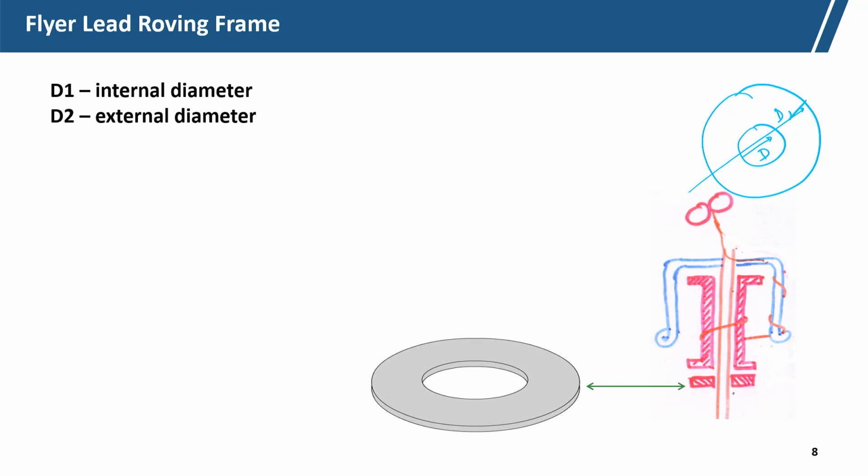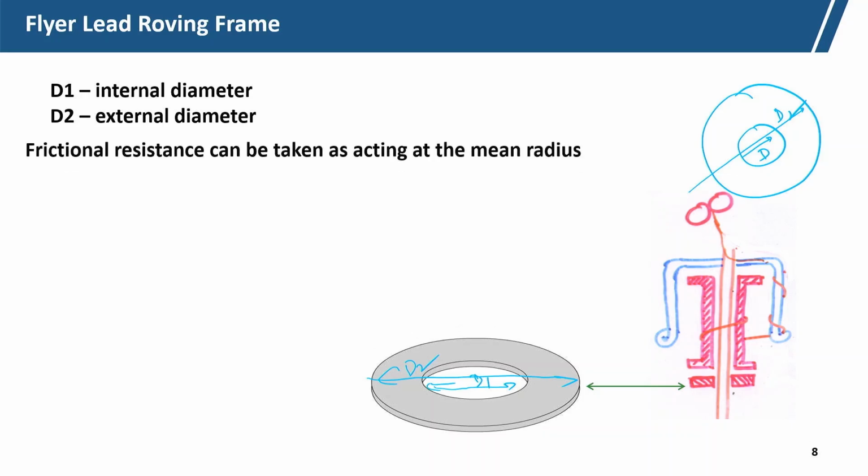Now, this is the washer, here it is D1 and this will be D2. Frictional resistance can be taken as acting at the mean radius. So, at the mean point, it will be basically (D1 plus D2) by 4, the mean radius, as the frictional resistance will be taken.